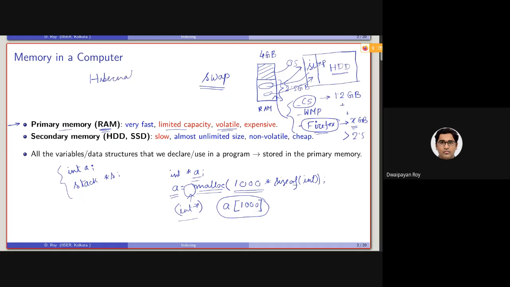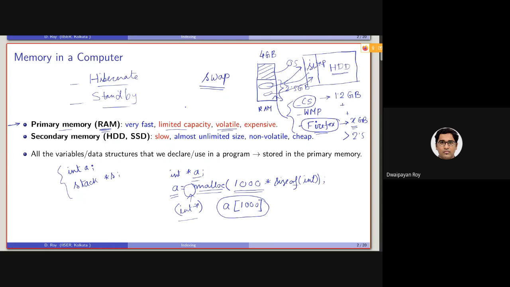What exactly happens if we hibernate a system, and what exactly happens if we put the system into standby mode? How exactly is the random access memory handled when we adopt these two approaches? Think about this a little bit at your end.